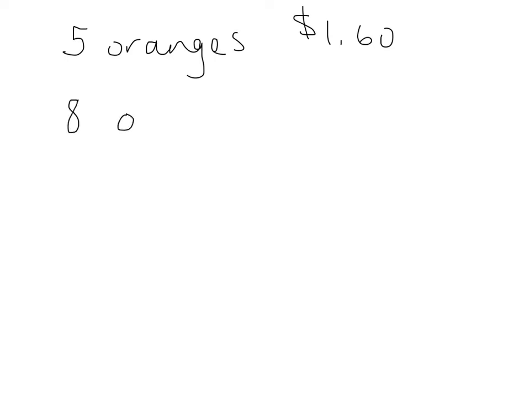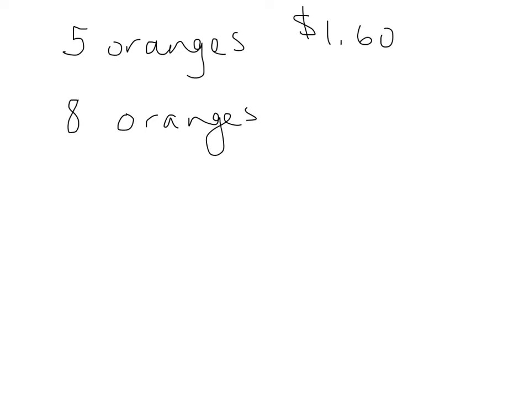So for example, if I know that I could buy 5 oranges for $1.60 at one store, which actually is a remarkably good price, but that's okay. Or I could buy 8 oranges at a different store.